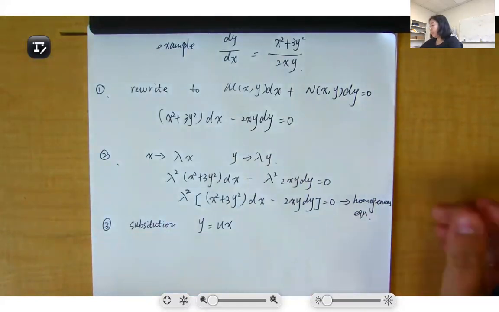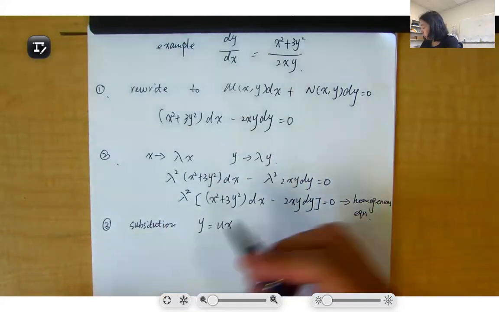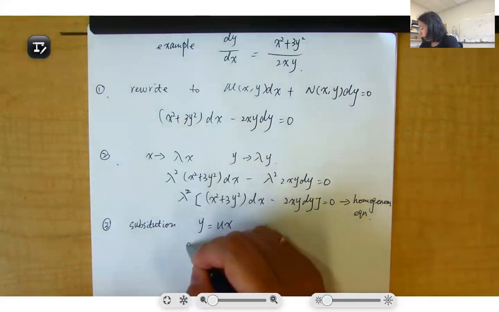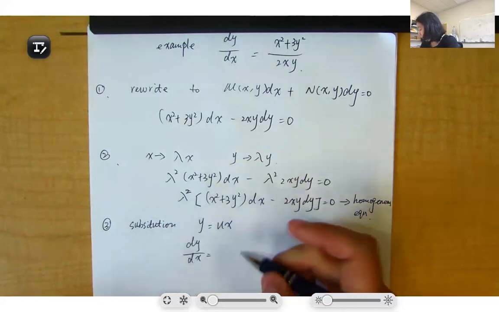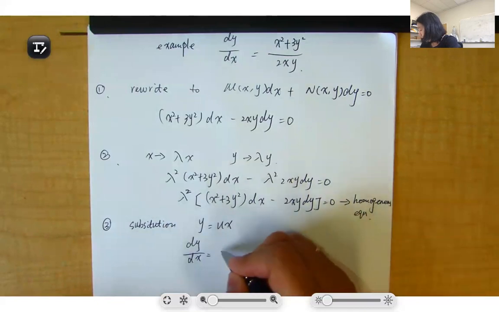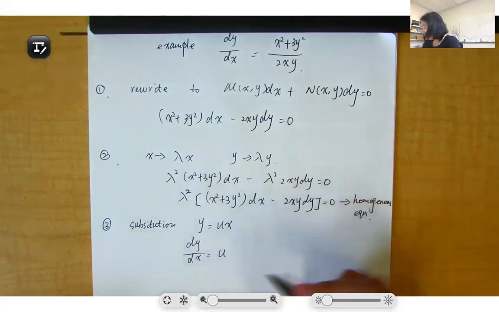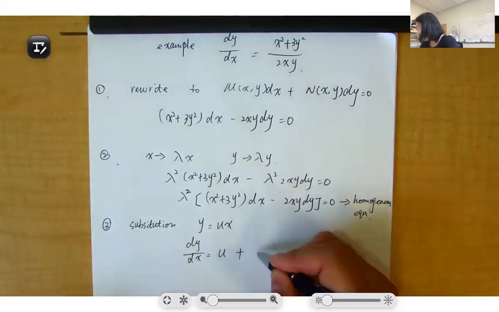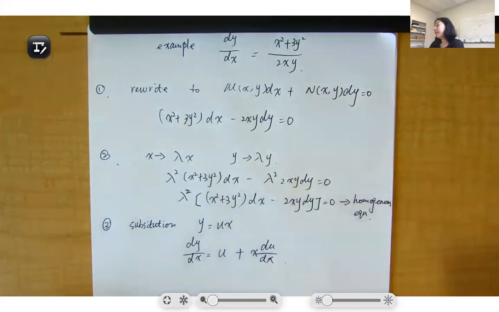And by doing that, we know that dy over dx will be equal to u times dx over dx, which is 1, plus x du dx, right?